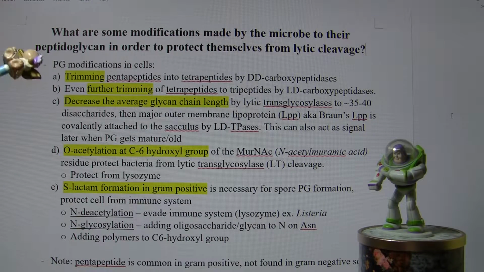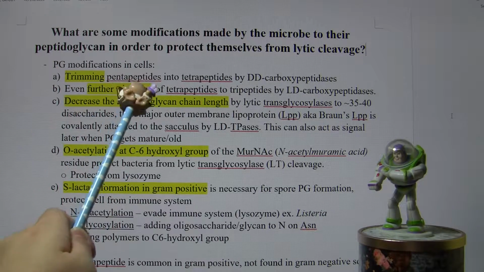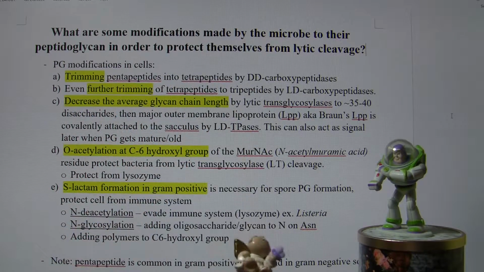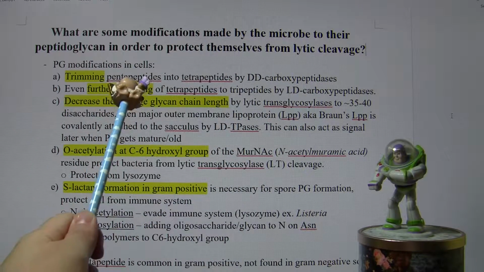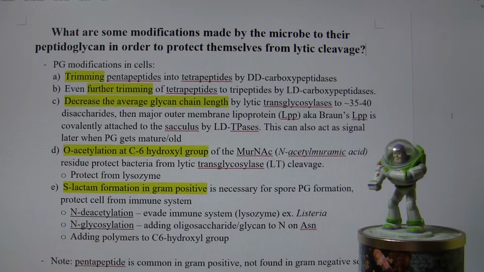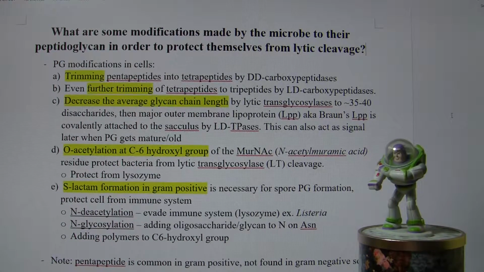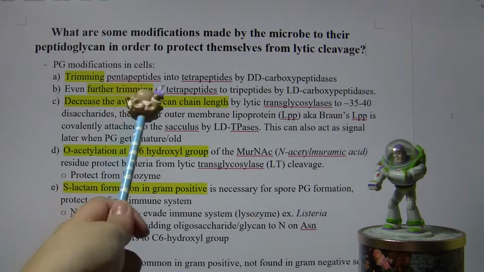So usually in gram-positive, a trimming process occurs, trimming of pentapeptides into tetrapeptides by D-decarboxypeptidase. Pentapeptide is the original form, after they've incorporated newly synthesized peptidoglycan into the cell wall, it's actually in this form.